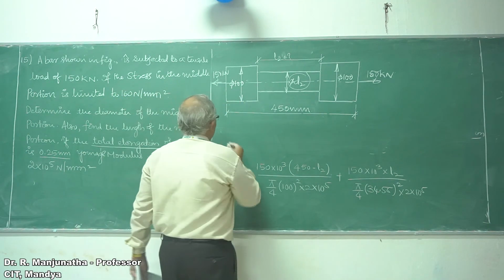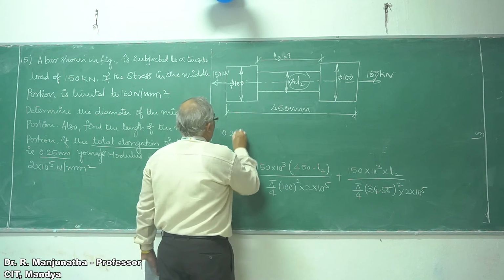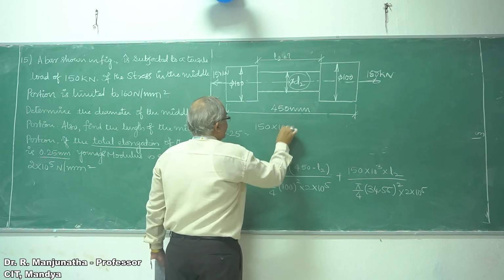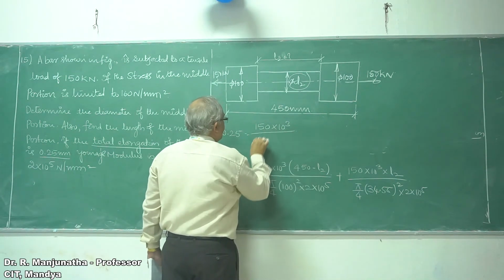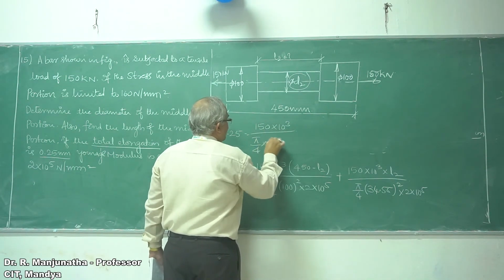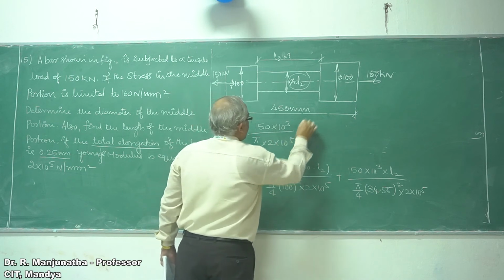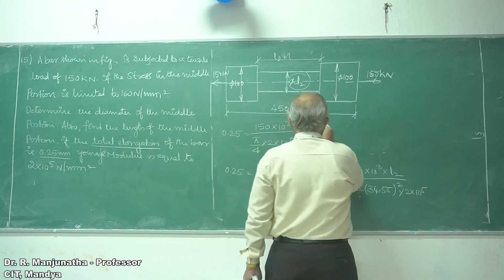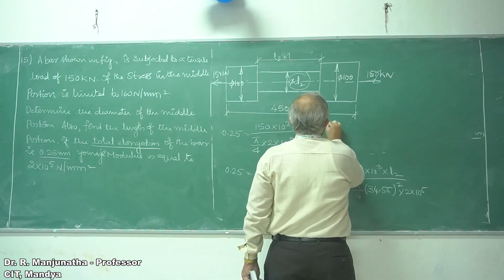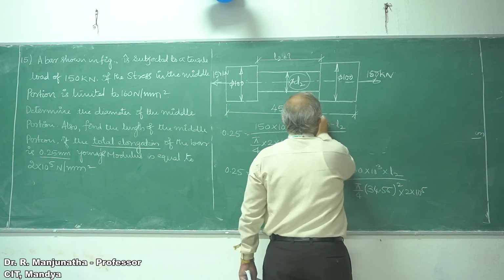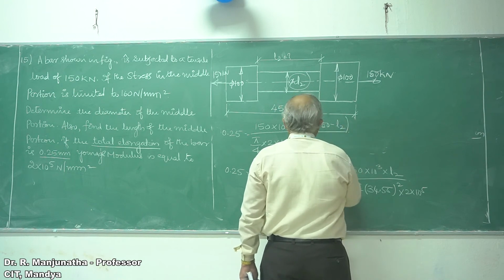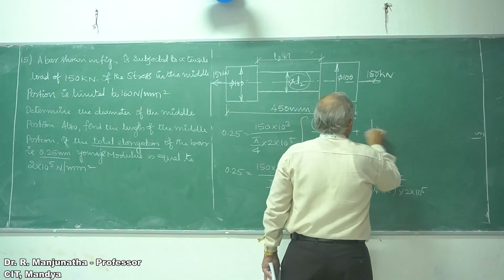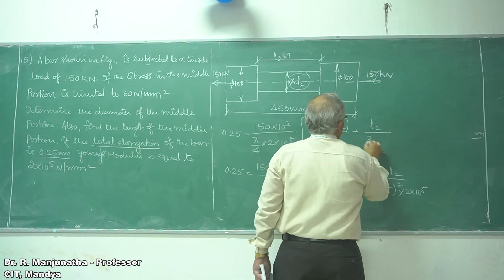So 0.25 will be equal to 150 into 10 to the power of 3 divided by pi by 4 into 2 into 10 to the power of 5, and then open the bracket, 450 minus L2 divided by 100 squared plus L2 by 34.55 squared.